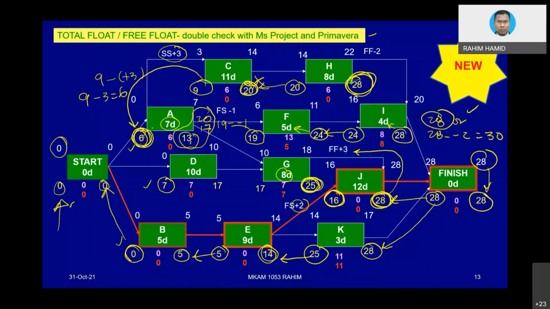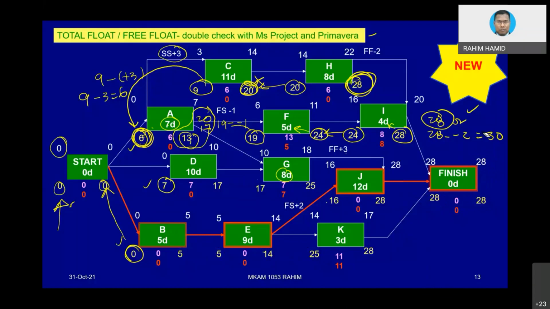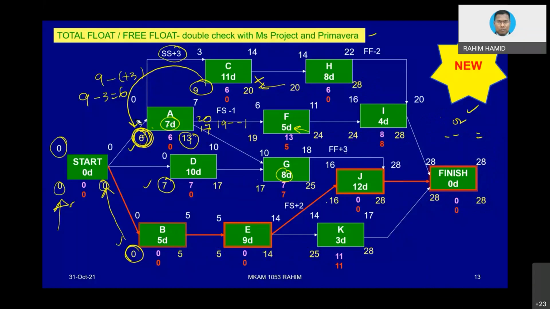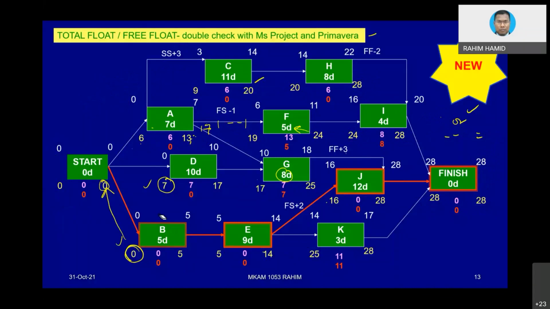After you get that calculation, you can do the total float calculation. Once you get all the values, you can easily identify total float based on the values here. Let me show you. Simply take the difference between this value and this value. The one I showed in blue color here is the total float.